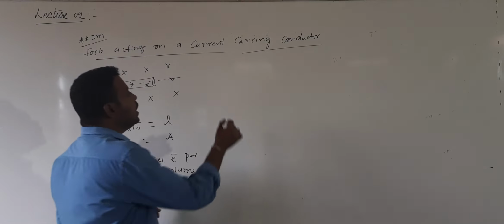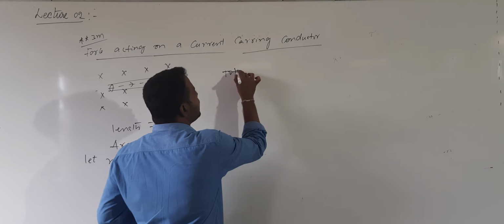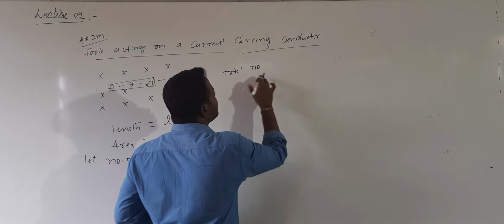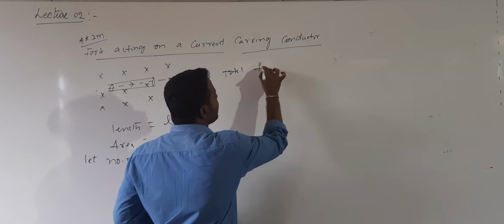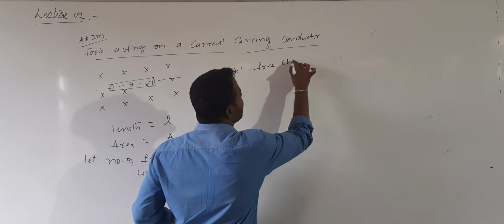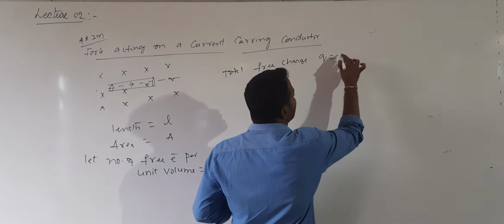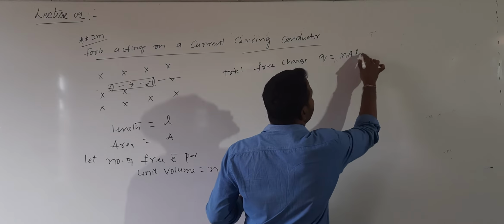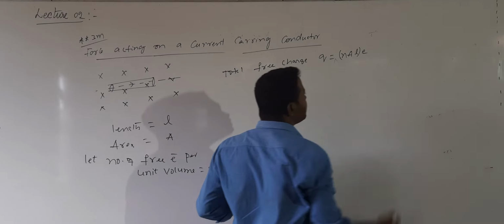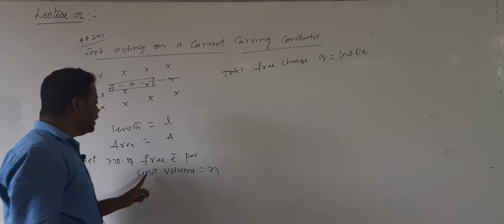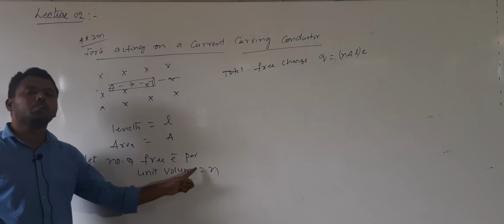Now tell me, what is the total free charge present inside the conductor? Can I call it Q? Q is given by n into A into L into e. What is n? n is the number of free charges per unit volume.